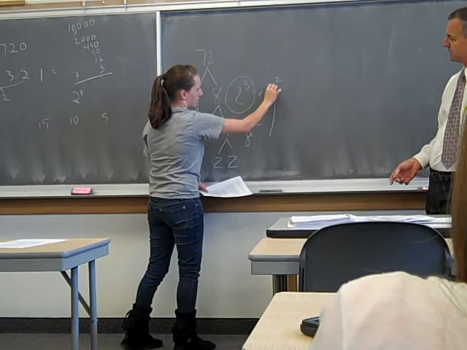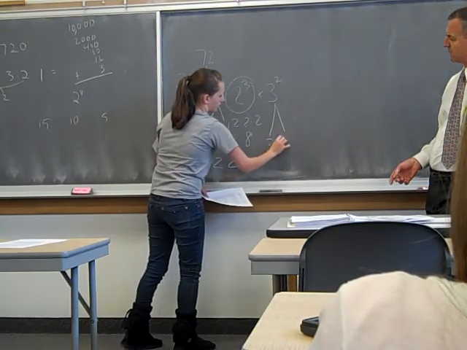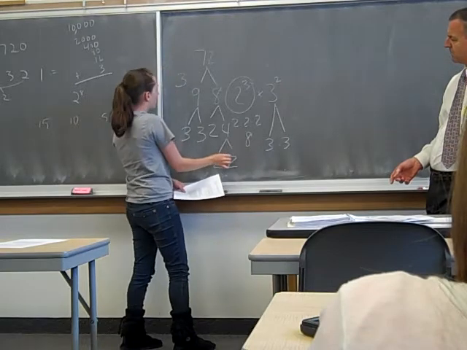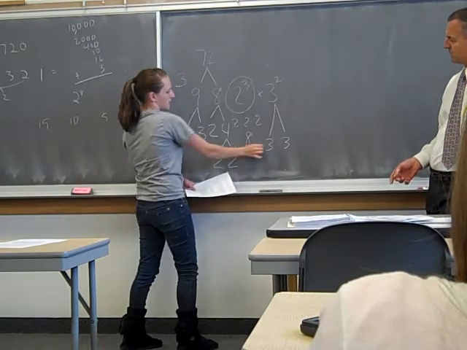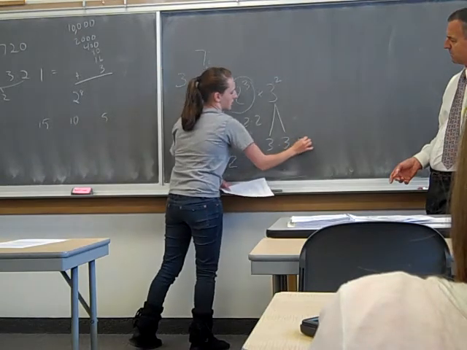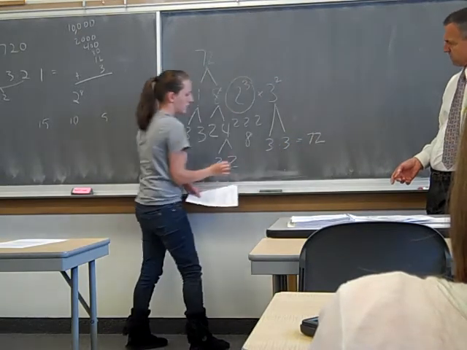And then you have 3 and 3. So if you times this out, 8 times 3 times 3 equals 72.